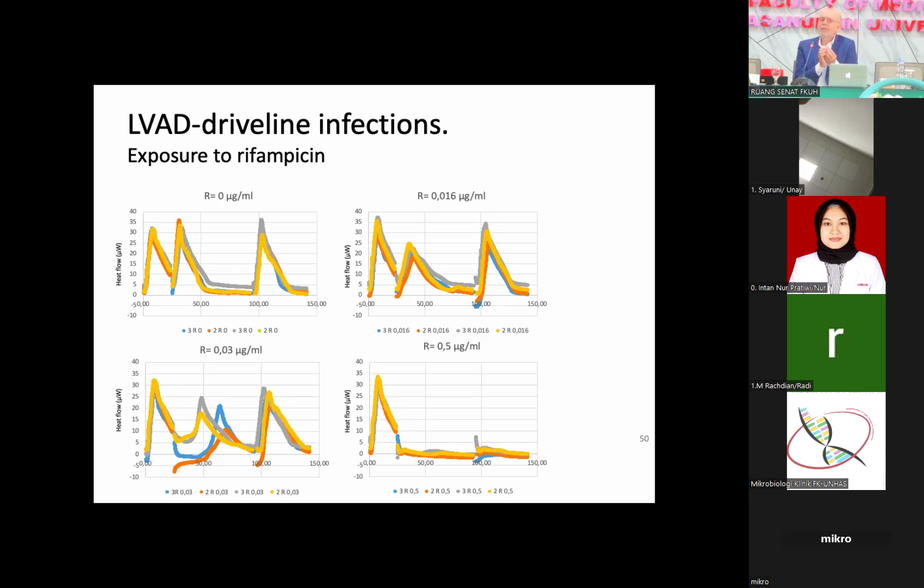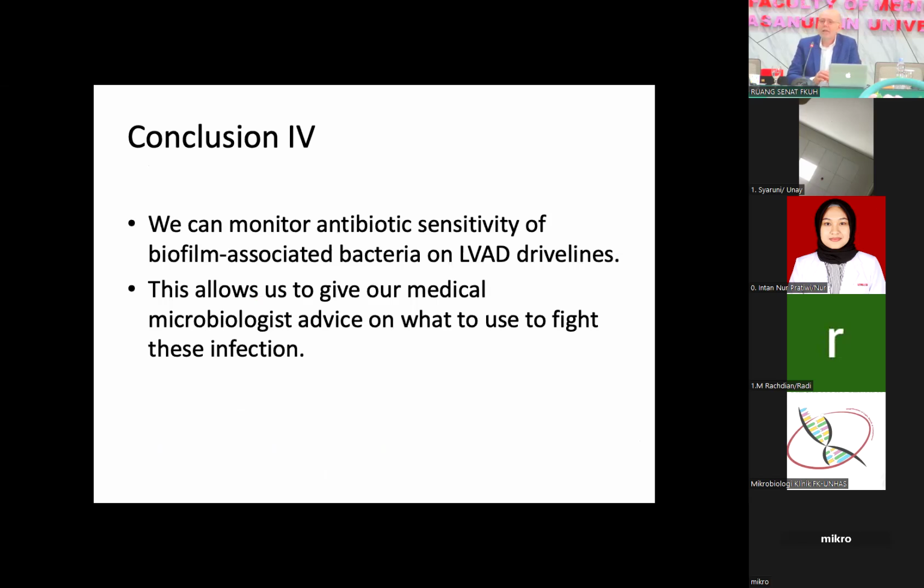So we think that we have a nice way here to monitor these kinds of infections on a driveline and potentially in the future help clinicians to come forward. And we have one case where my colleague Neliana Verkijk, who's also a former PhD student, treated the patients in different ways.